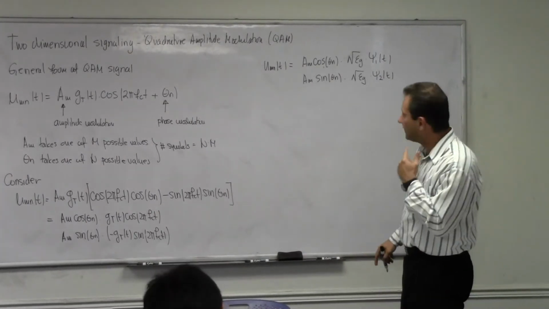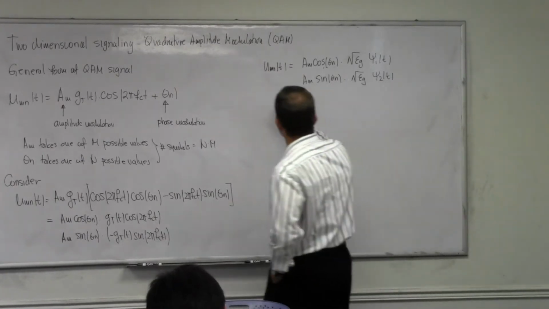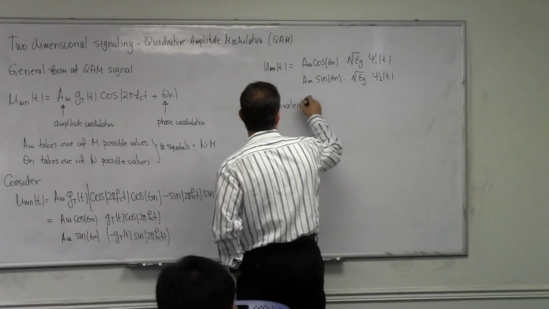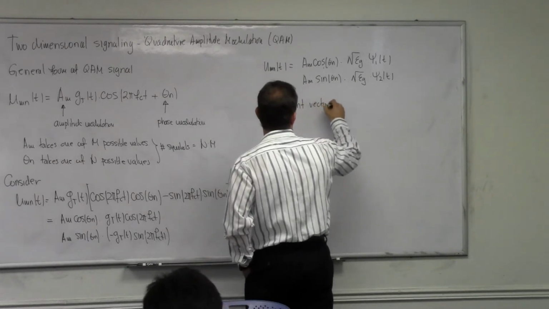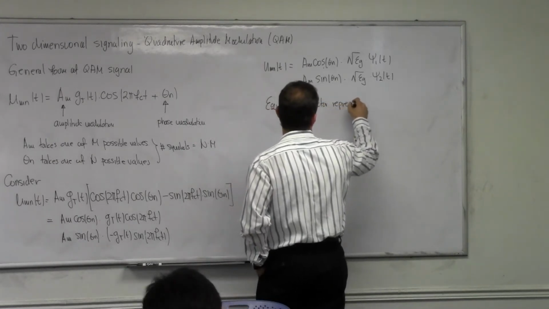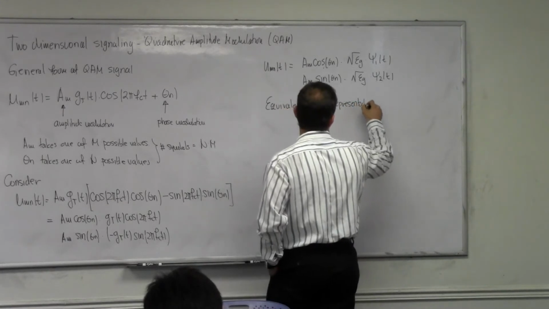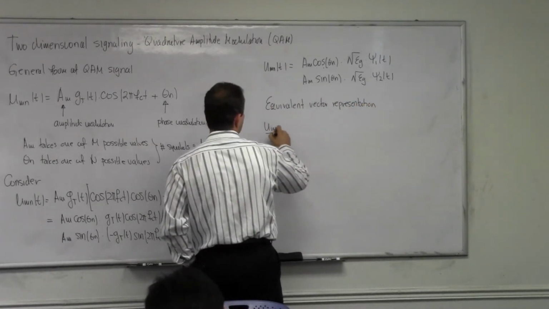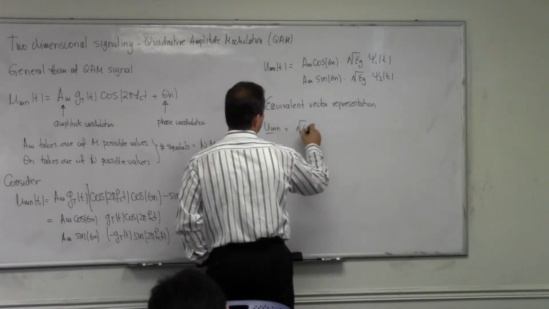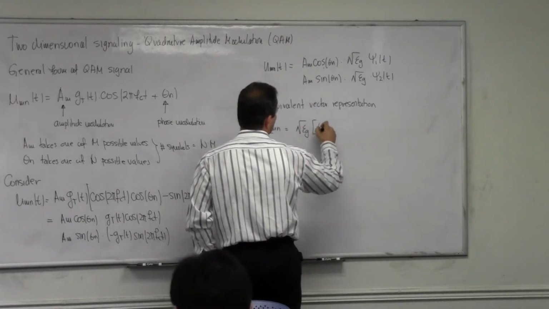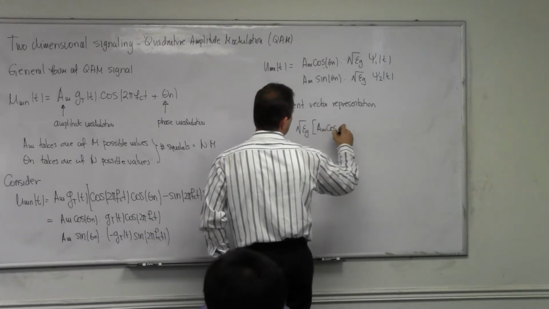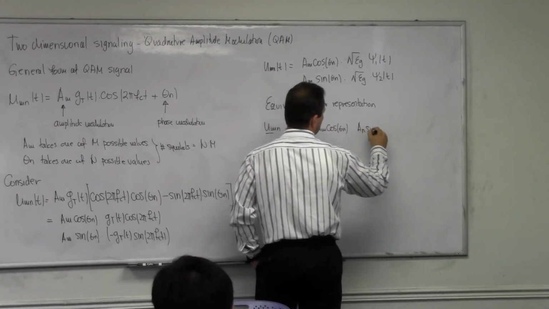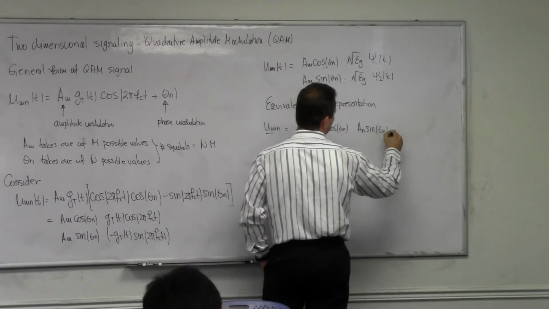So the equivalent vector representation is u m n is going to be the square root of energy, and then A_m cosine of theta n and A_m sine of theta n.